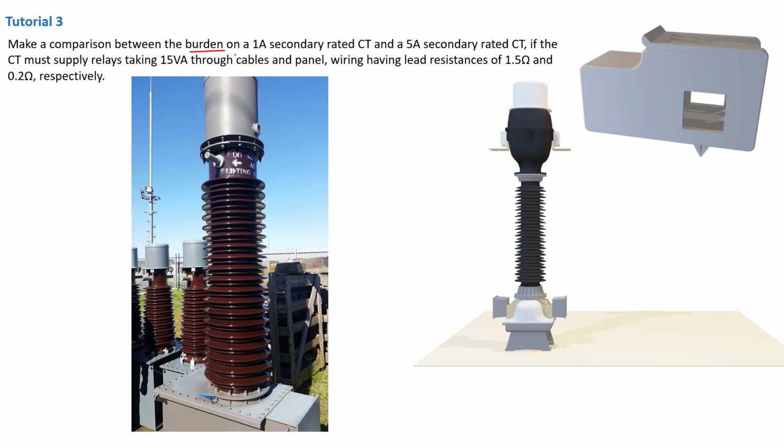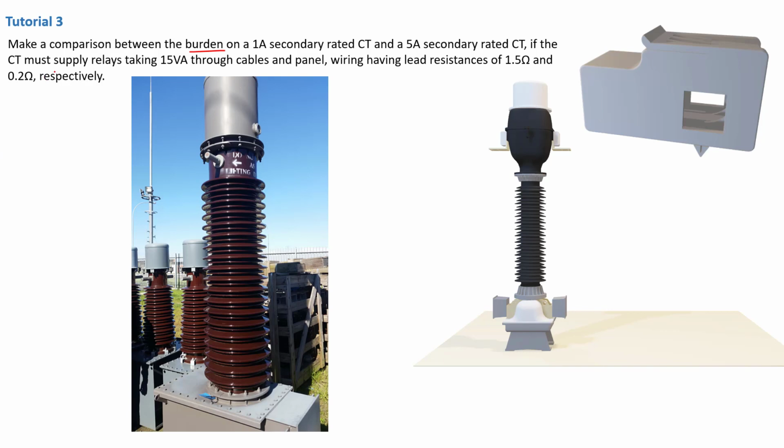So now they're asking us to make a comparison between a burden on a 1 amp secondary CT and a 5 amp secondary rated CT. Now, this means we're going to have different burden on different secondary rated CT. Now, the rating on the secondary depends on the relay that you are also connecting there.